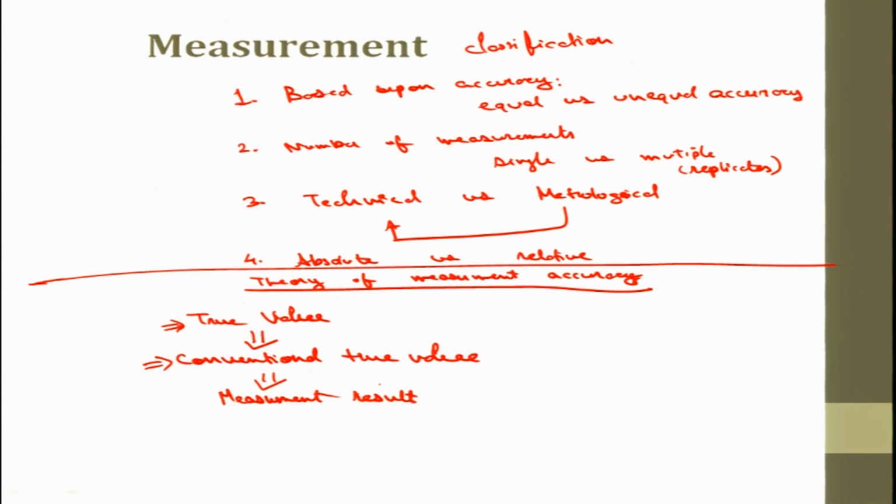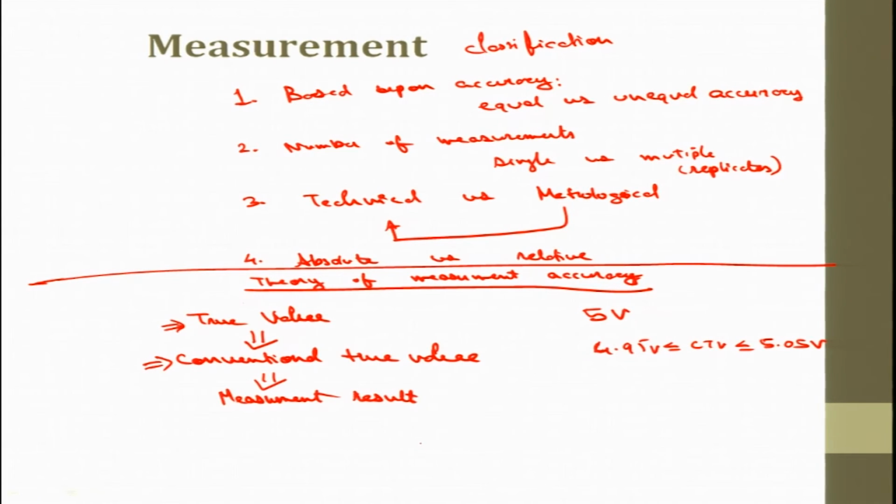This is acceptable in the conventional true value: 4.95 to 5.05, that is, 0.05 volts. The true value I could say here is 5 volt. So 4.95 is less than or equal to the conventional true value, which is less than or equal to 5.05 volt.